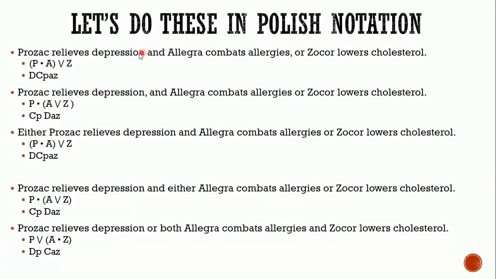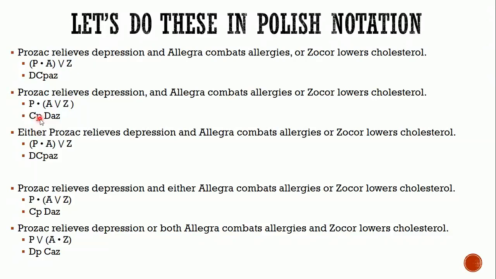Now let's look at the next one. Prozac relieves depression and Allegra combats allergies, or Zocor lowers cholesterol. So, boom, we have a main operator, and so we know it's a conjunction. So we have the conjunction of P, and then we add a space, then we have a disjunction A-Z.